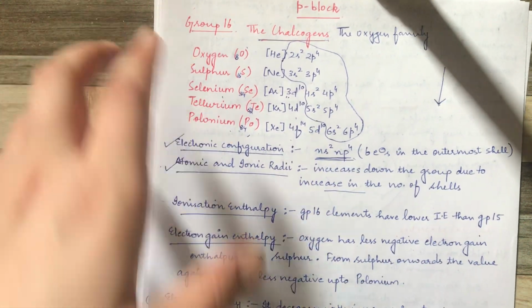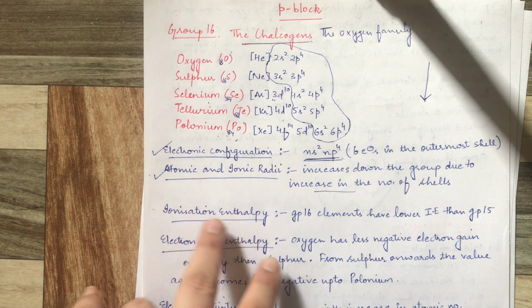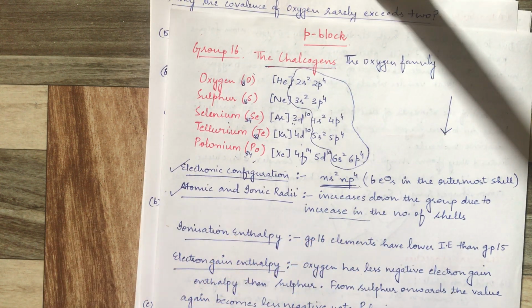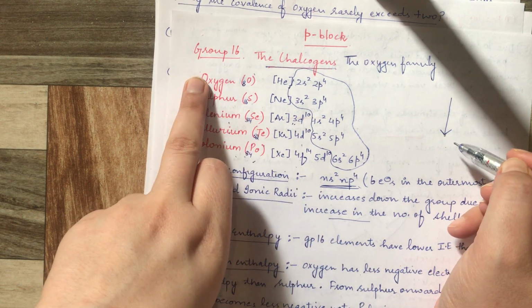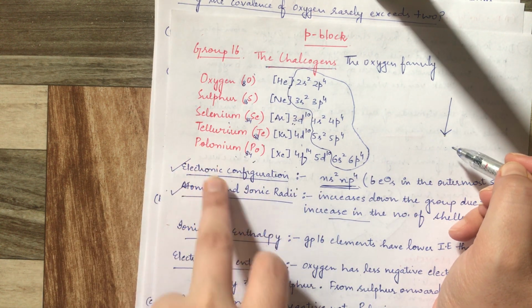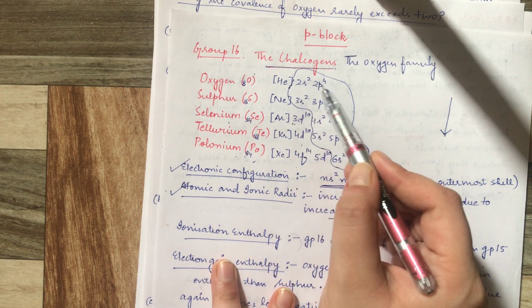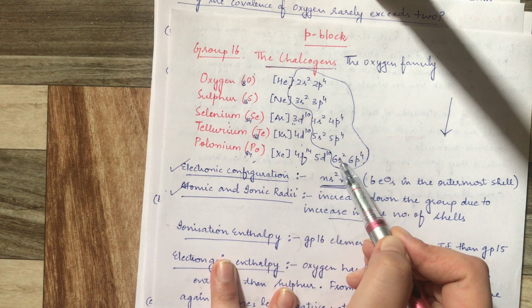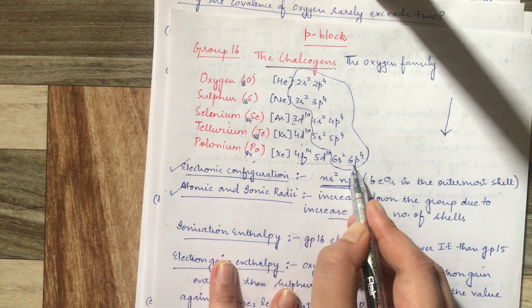Now the next characteristic is the ionization enthalpy. In general, as we move down the group, from oxygen to polonium, the number of shells is increasing and the valence electrons are moving away from the nucleus.